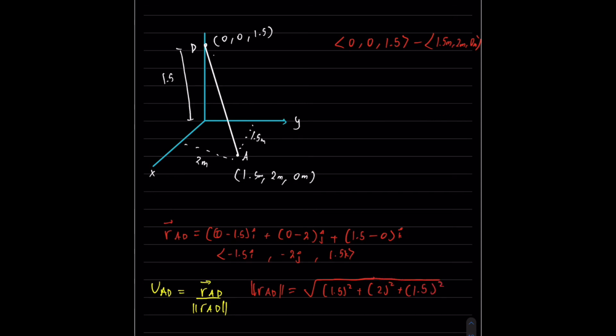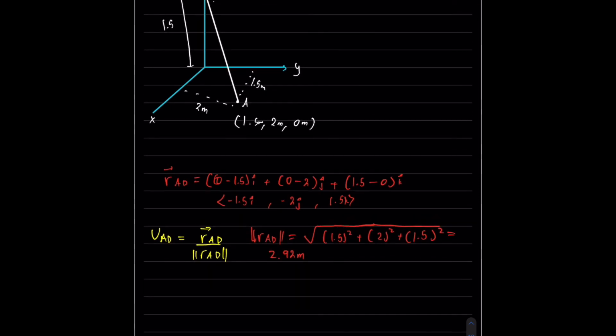By the way, these values here are negative, but since I'm putting them in a square root, they're just going to cancel out since they are raised to the power of 2. So that's that. Putting this into a calculator gives me 2.92 meters.